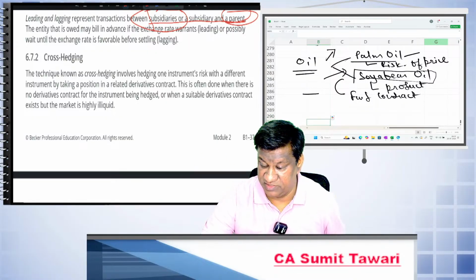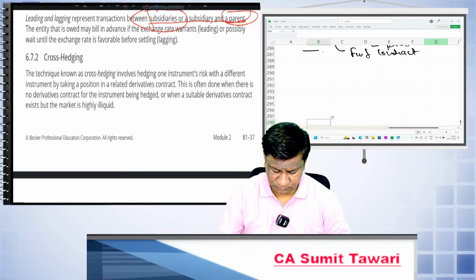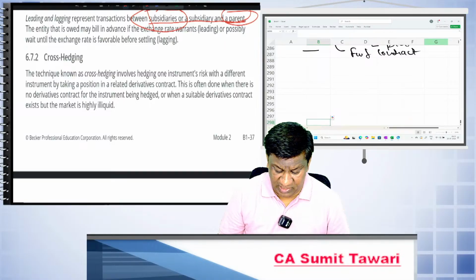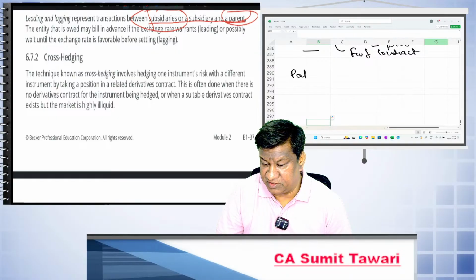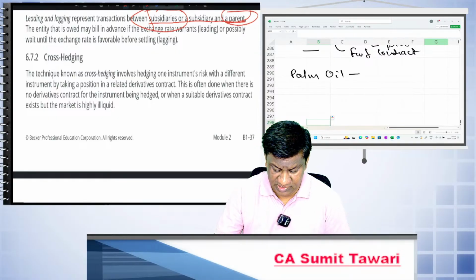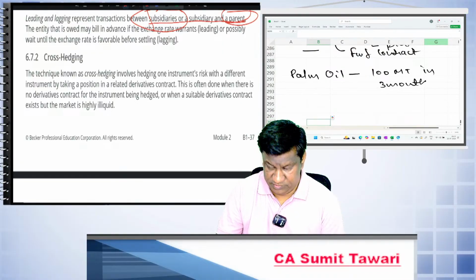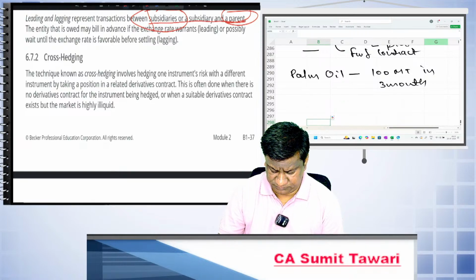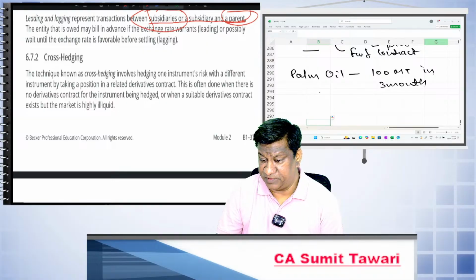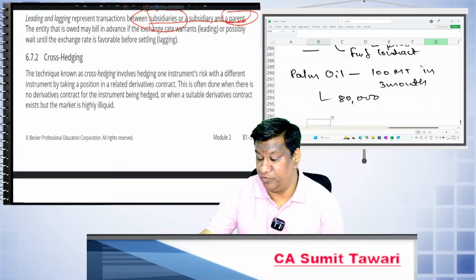Okay, I'll take one practical numerical example, and continue with this example only. The principal contract is palm oil. Say I need to sell 100 MT in 3 months, and the price is 80,000 for palm oil.